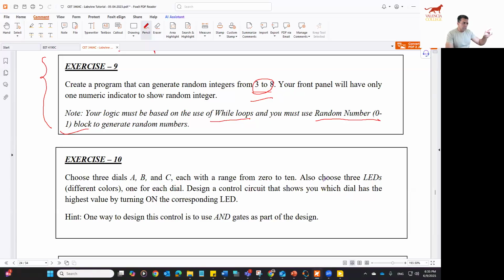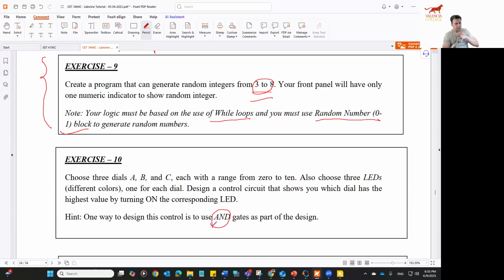The only way the LED should be on is if the comparison between the 2 greater-than functions are both validated, both true. So I'm putting a hint here that you can use an AND gate as part of your design. Because with an AND gate, remember, if both inputs are 1, the output is 1. If either input is 0, the output will be 0.